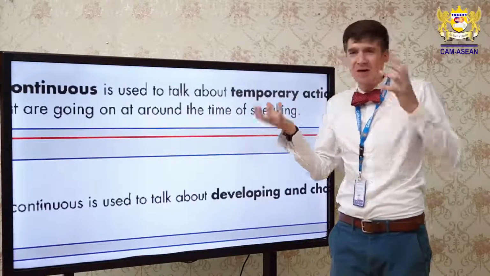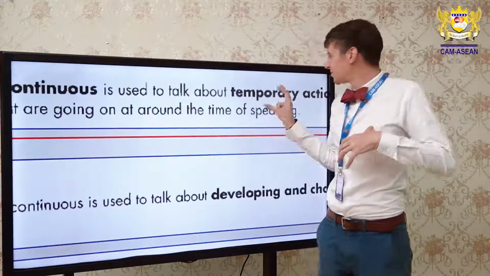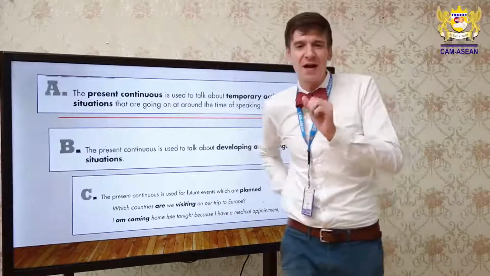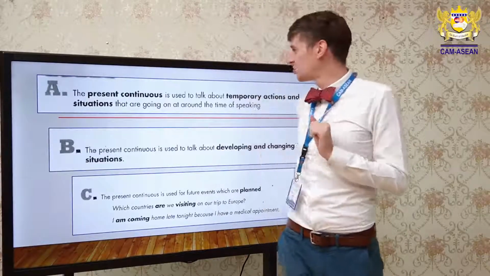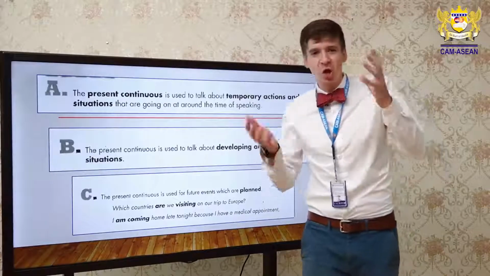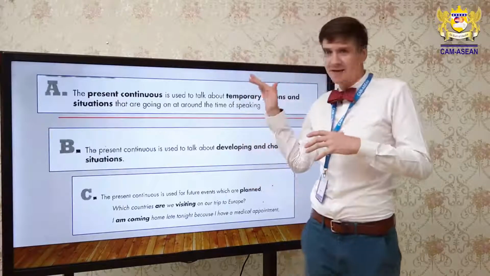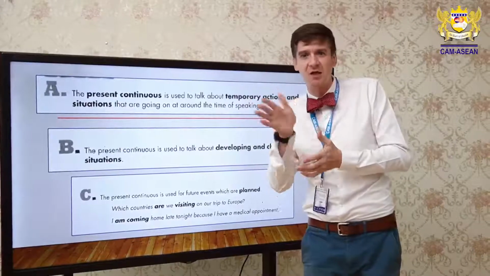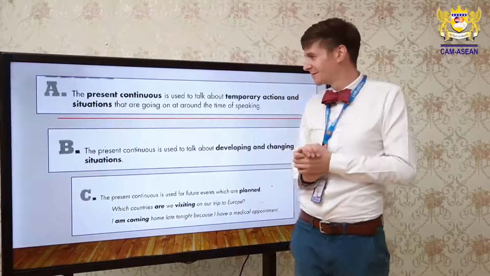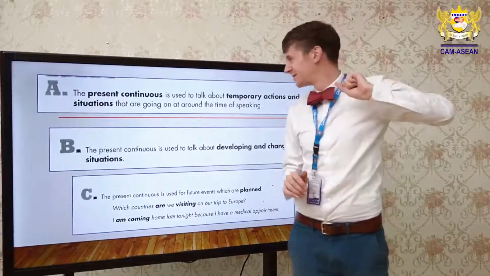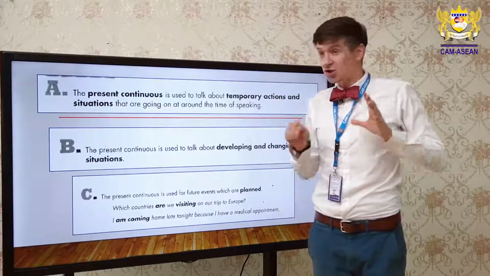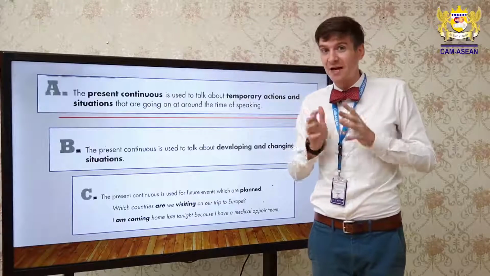Like, they're going on now. So they're temporary actions and situations, going on at the time that you're talking or writing about it. Okay, that's number 1. A temporary action or situation that is going on at the time of speaking.